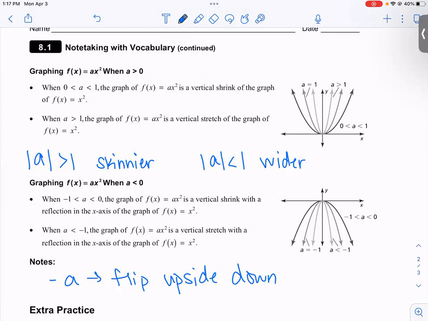So you need to be able to tell what is going to happen with a parabola before you graph it. You need to be able to describe whether this one is going to be wider or skinnier than x squared, or flip upside down compared to normal.